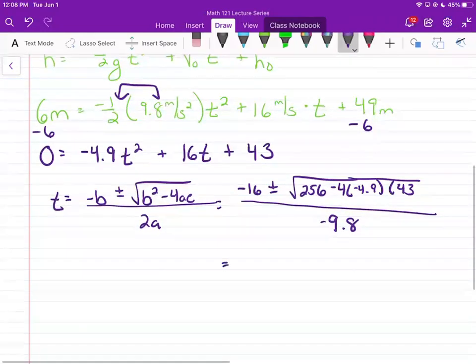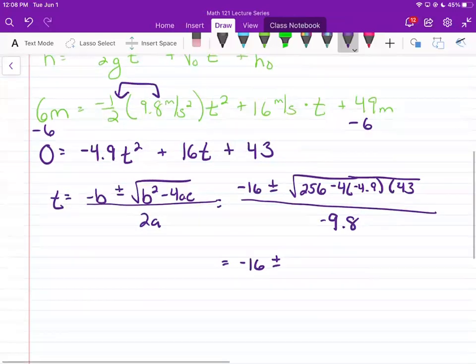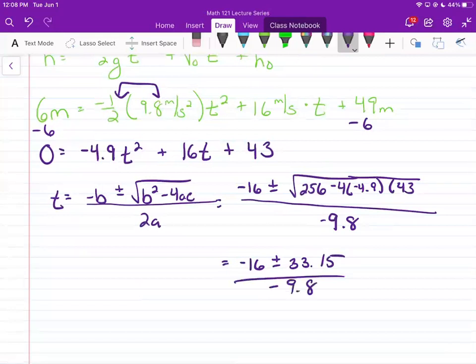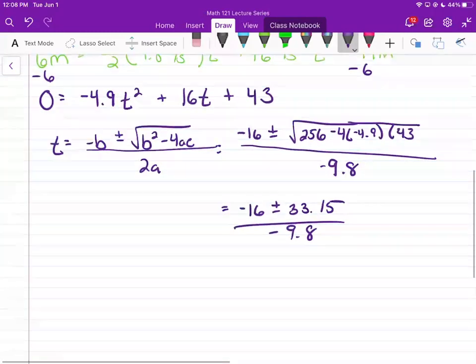And when I simplify that, I get negative 16 plus or minus, when I multiply all of those things together and then take the square root, 33.15 over negative 9.8.